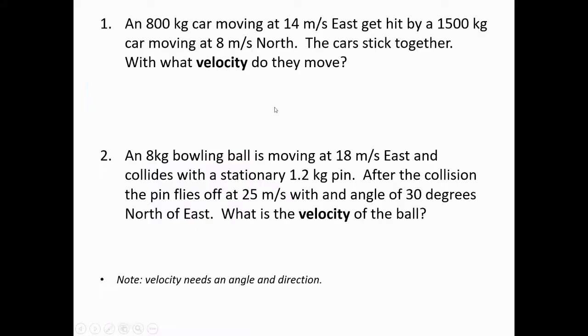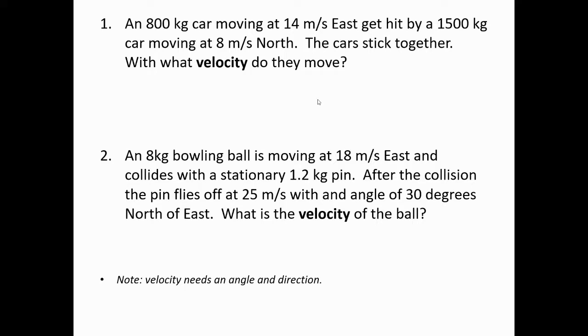All right, if we're going to do this, it's an inelastic collision. So you're going to do m1v1 plus m2v2 equals (m1 plus m2)v. You do this in terms of X and then do it in terms of Y. You get two numbers.